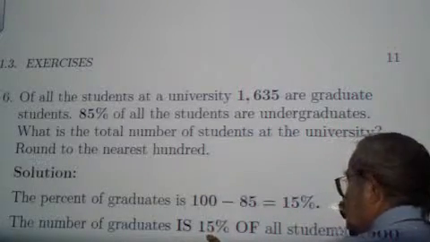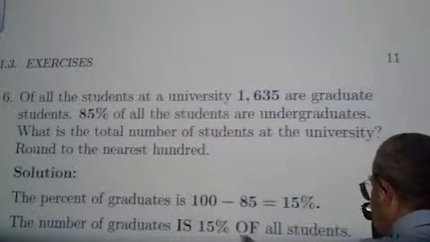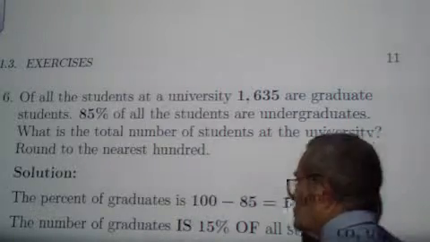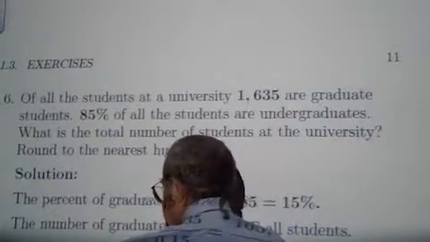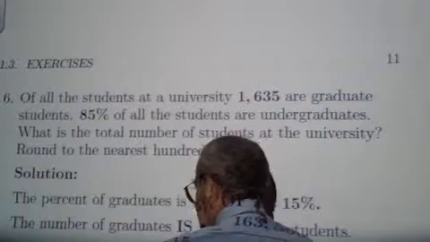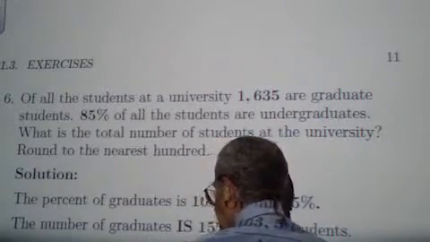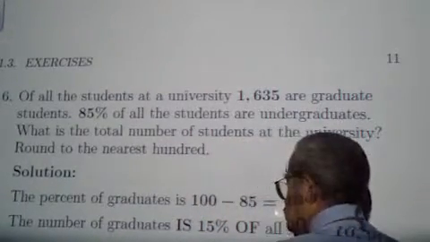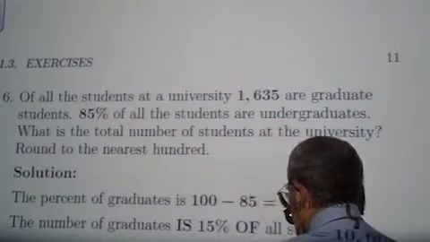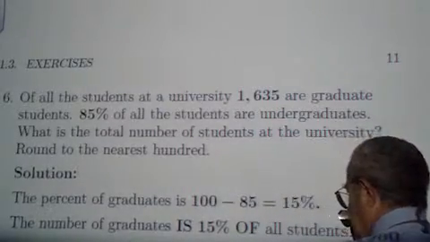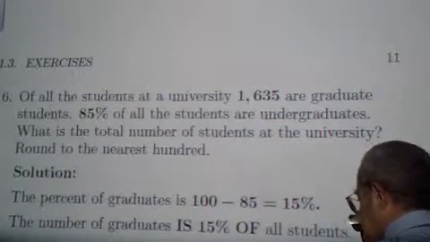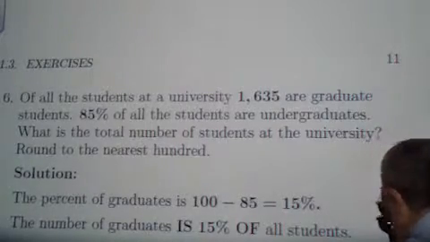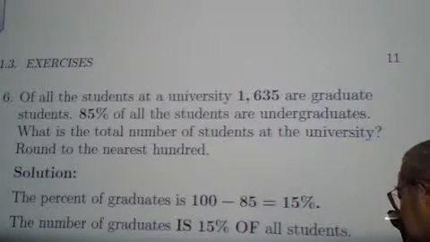The number of graduates, 1,635, is 15% of all the students. B is all the students. Divide both sides by 0.15. Multiply by 100 over 100. Move the decimal point 2 places to the right. Divide, you get 10,900.